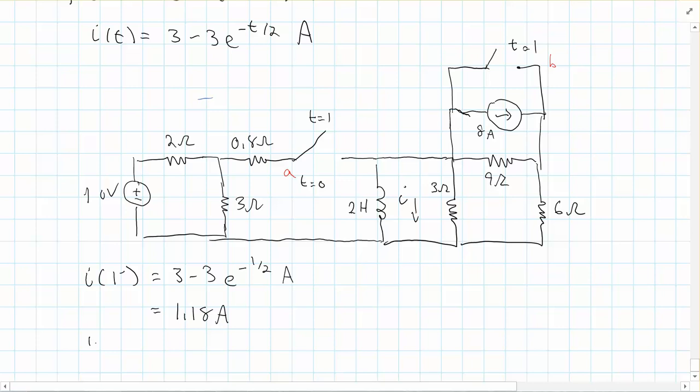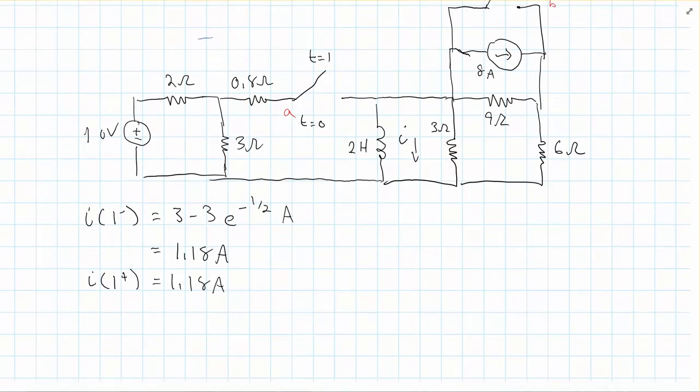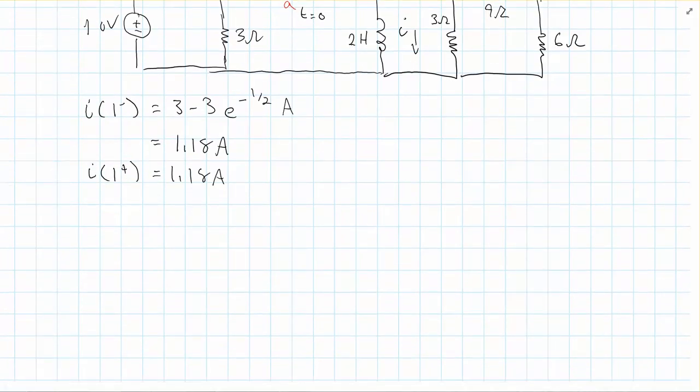So that means i at 1 plus is 1.18 amps. So we have my initial value here. Now let's draw this circuit without all the extra bits here. Because some of those switches are open, what I'm left with is the following.